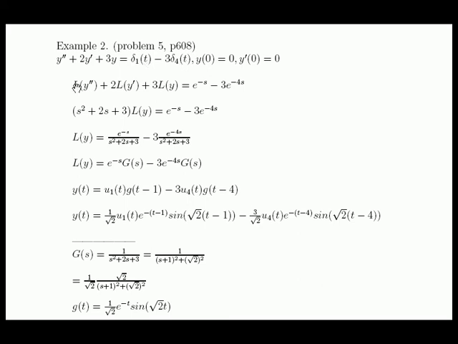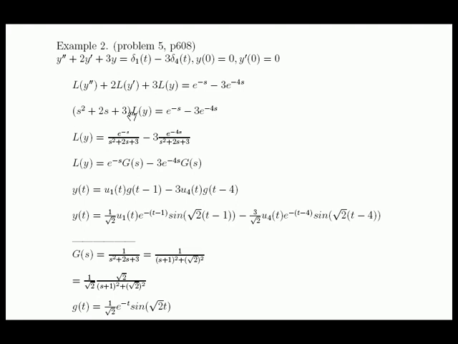So what's the response here? Well, take the Laplace transform on both sides, and we just saw that the Laplace transform of delta sub a is e to the minus as, a being 1 here. Then you have minus 3, and now a is 4, so it's e to the minus 4s. So that's pretty straightforward.